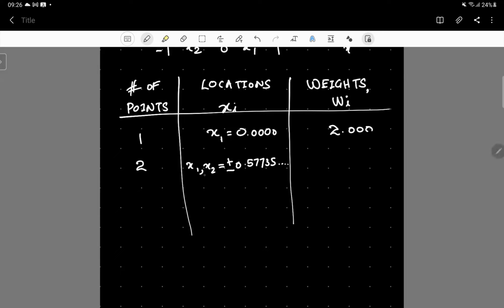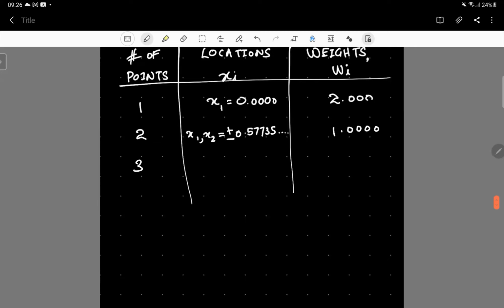Each of these evaluated yi values has to be multiplied by the weight factor 1. Similarly, if there are 3 points, we have to evaluate the y values at 3 locations.